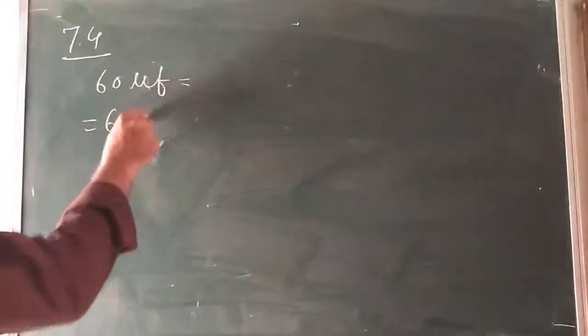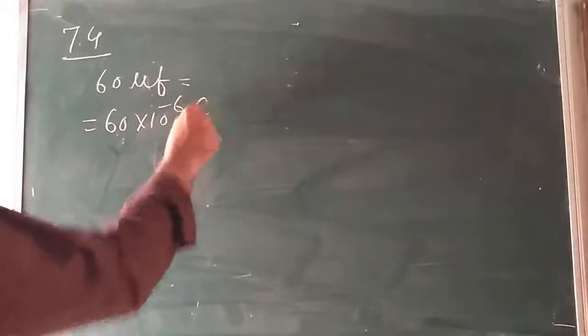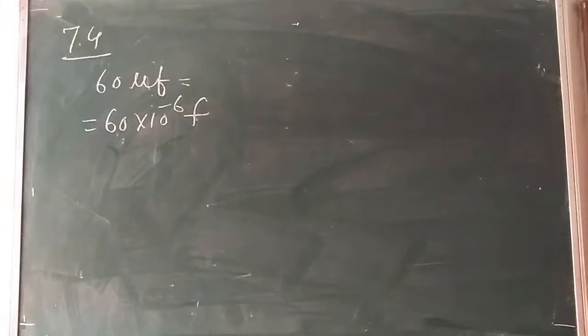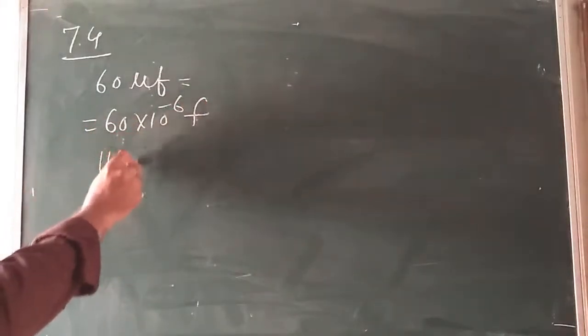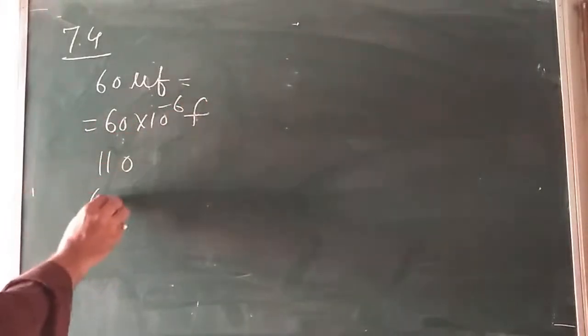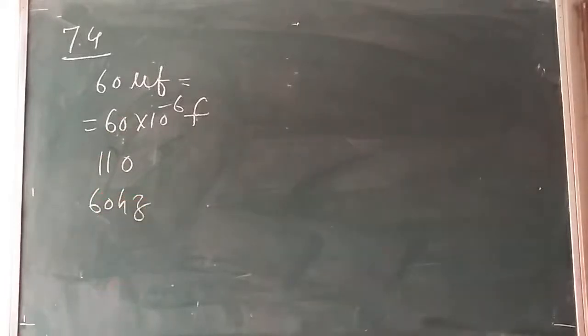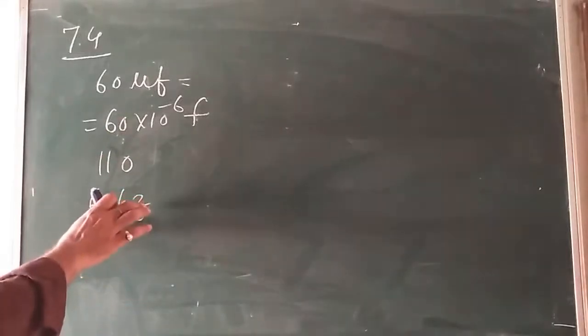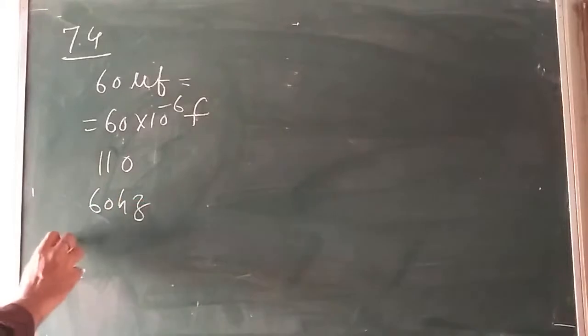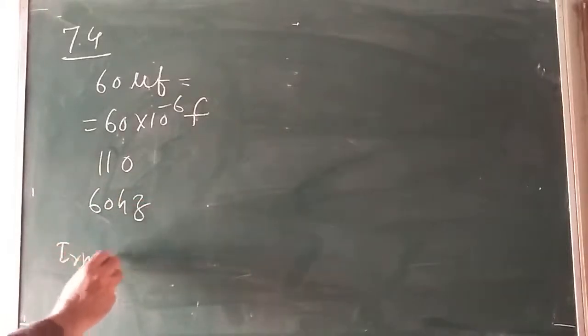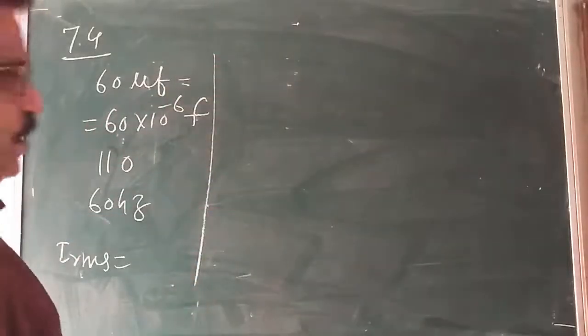So we can write here 60 into 10 raised to the power minus 6 farad is connected to 110 volt, 60 hertz AC supply. Determine the RMS value of current. These are the things given to us.